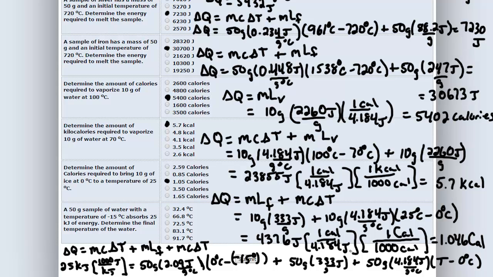All right, now we divide by 50 and divide by 4.184. Now I get 32.4 degrees. 32.4 degrees is our final temperature. However you want to plug that into your calculator and solve, you go right ahead. You don't have to solve it the way that I have, but the steps are all there, and the solution is there, and hopefully you completely got it. So keep after it, and best wishes.